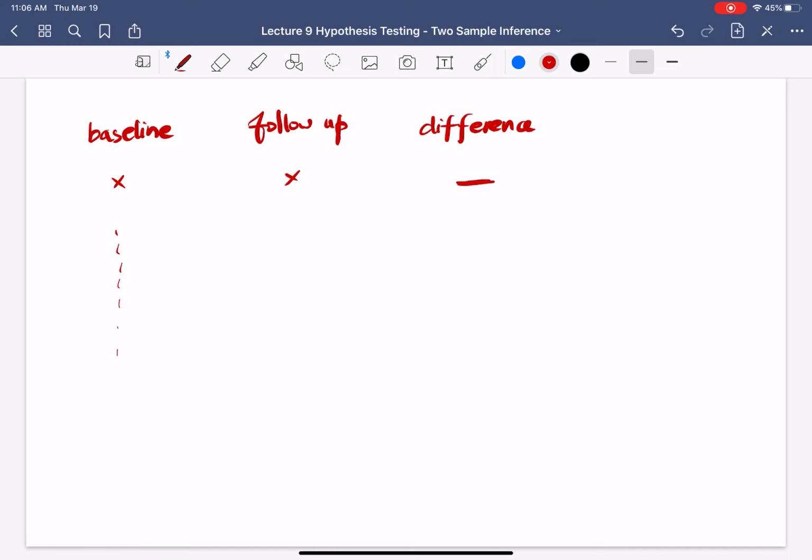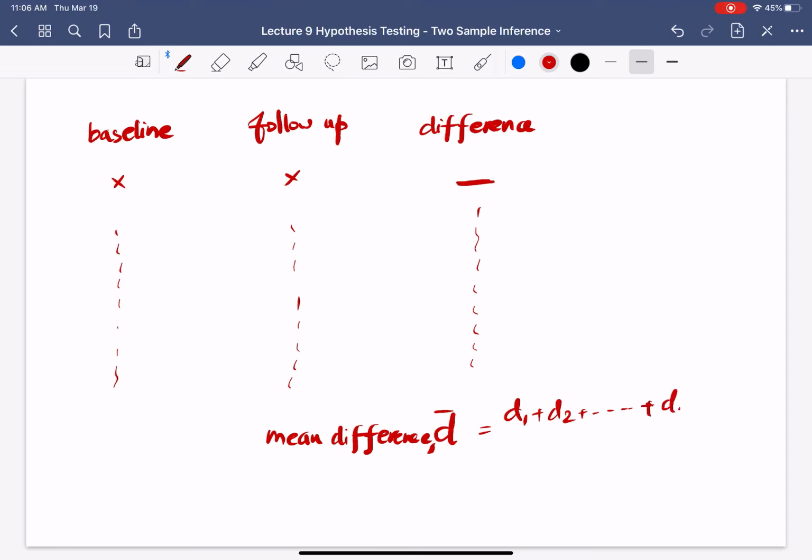In the values that we get, we take the mean difference, which is d bar, which is d1 plus d2 and so on plus dn, divided by n. So this is the mean difference, d bar.